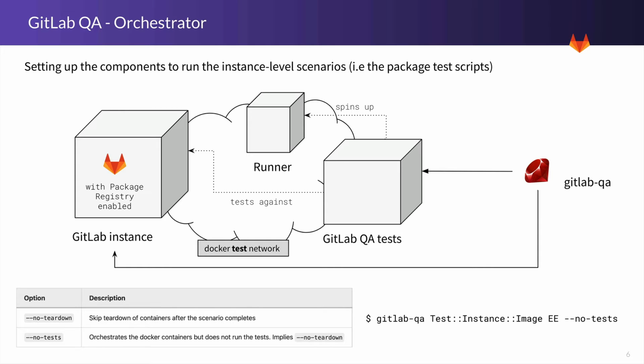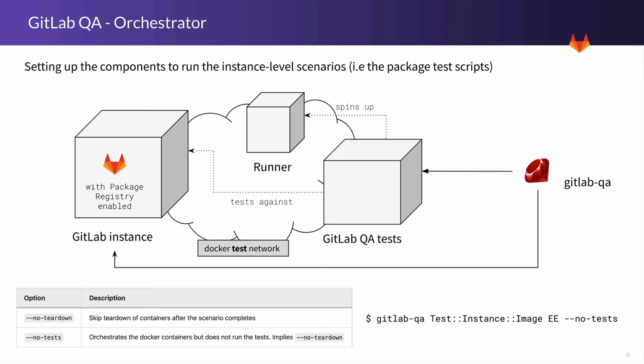In this case you would be running the test, and let's say there is a situation where you'd like to debug what happened after the test if there was a failure, the containers would still be in place, and you would be able to go into the containers and check some logs. Another one would be the no test flag, where you just set up these components and this architecture, and you just don't run the tests.